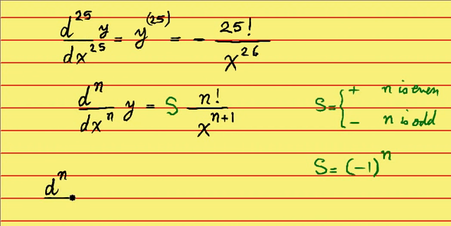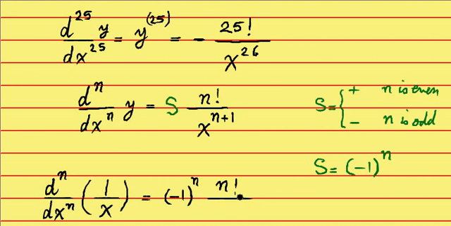d^n/dx^n, instead of y, let me write down what function it was, so we drop as many unnecessary items as possible, is equal to -1 raised to the power of n times n factorial over x to the power of n plus 1.